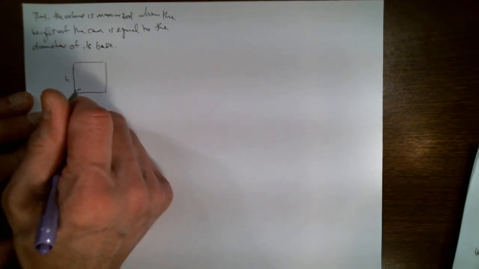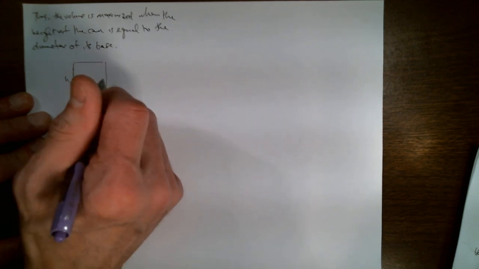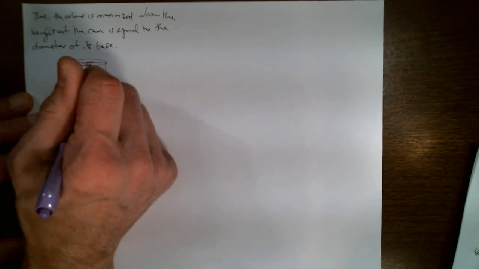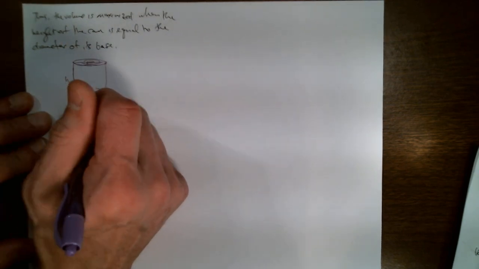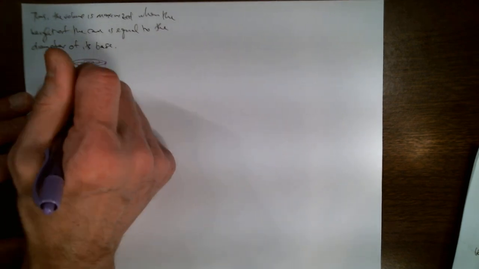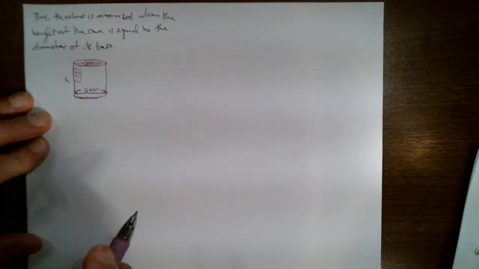And so we could form our can, and this would be the relative dimensions. So the diameter here is equal to the height of the can. These would be the dimensions for optimal volume.